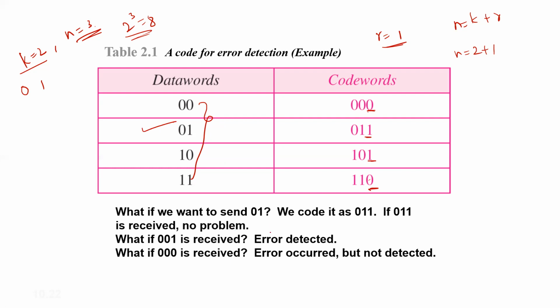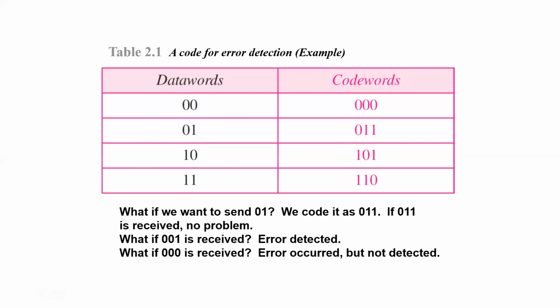Now, instead of 011, what if we receive 001? The receiver needs to have a list of these code words, and it will see if 001 is in my code words. No, it is not in the code words, so it will detect the error in the checker step.